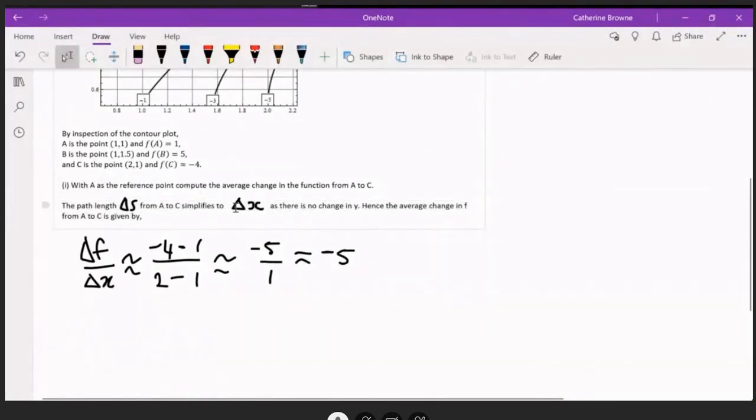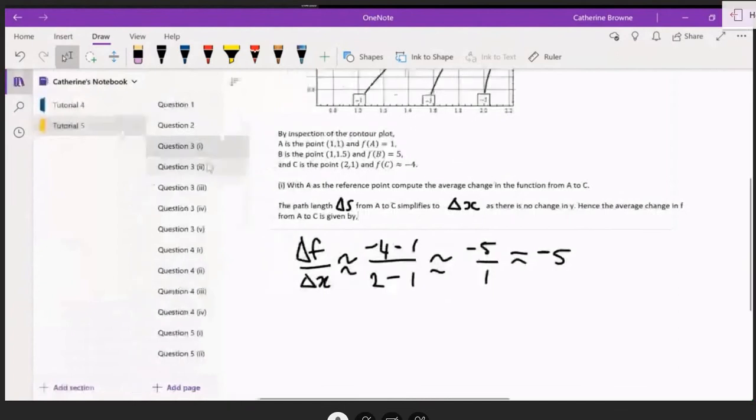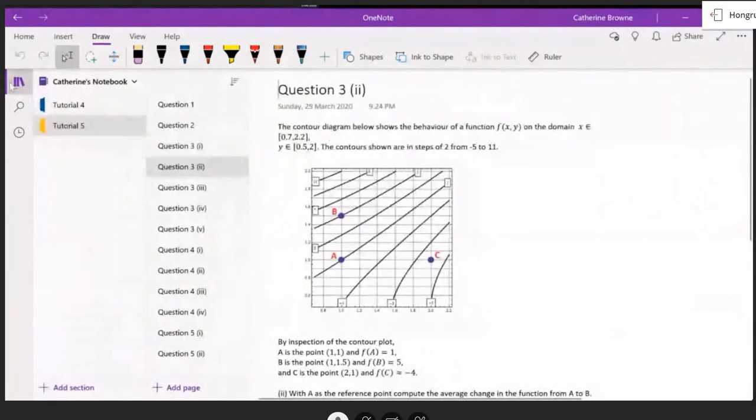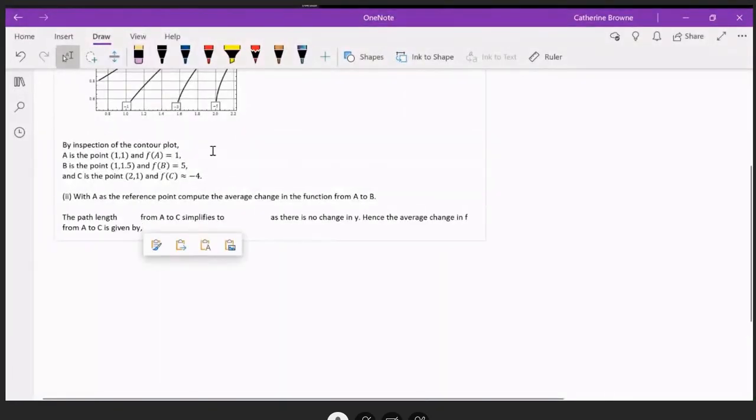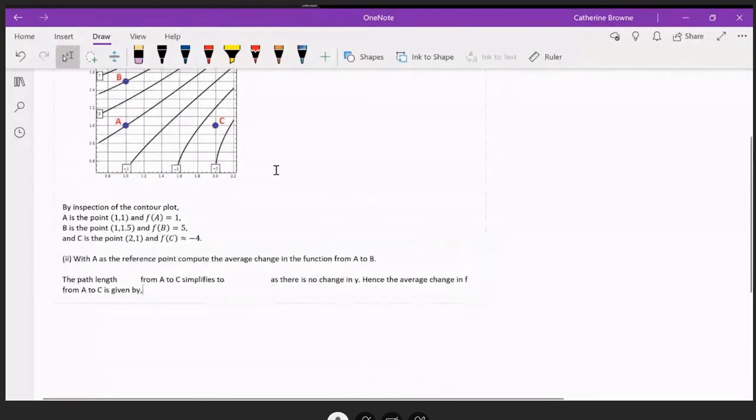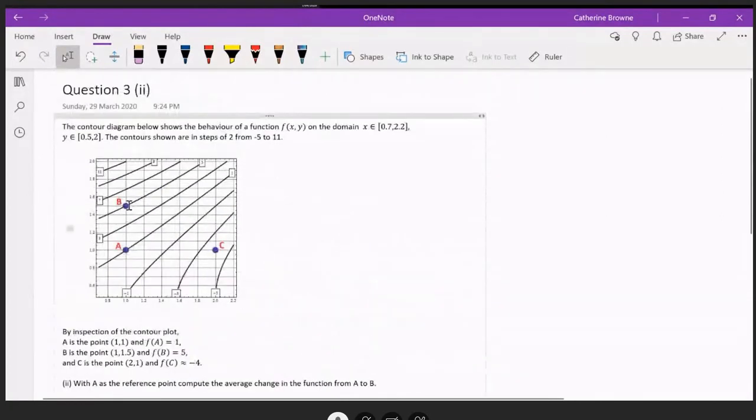So now, part 2, I'm going to do something similar, except this time, when I'm looking at the average change in the function from A to B, there's no change in x. So x is just constantly 1 along this.